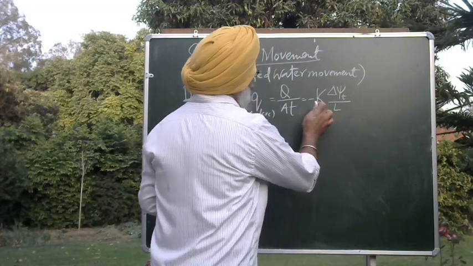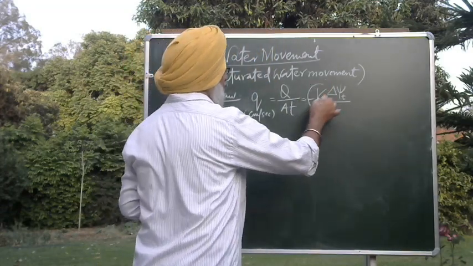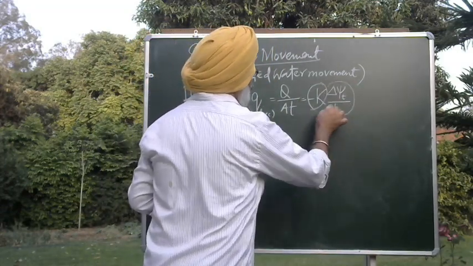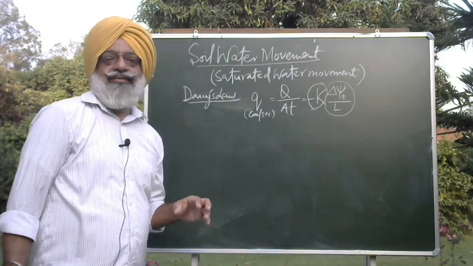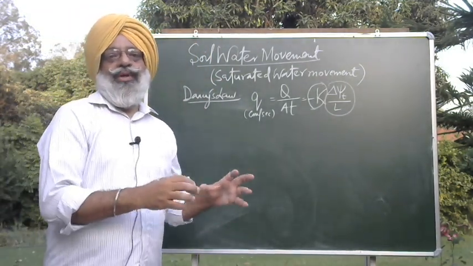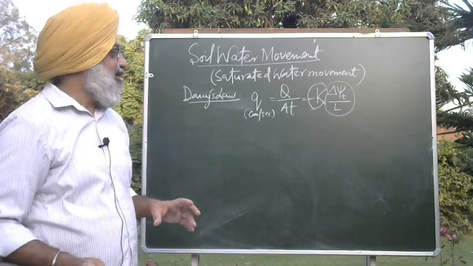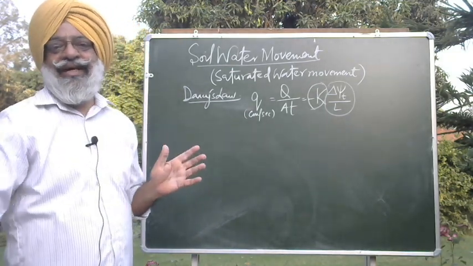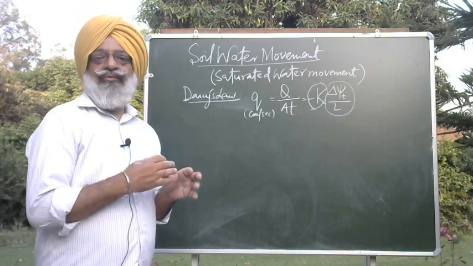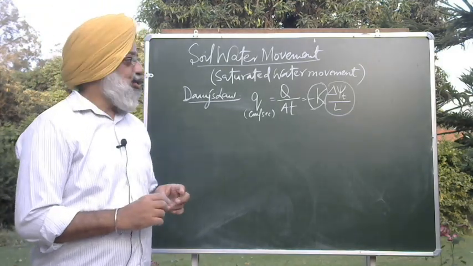So this is your hydraulic conductivity K and hydraulic gradient. This negative sign denotes that the water flows from a point of higher energy level to a point of lower energy level. That means in the direction of decreasing soil water potential.